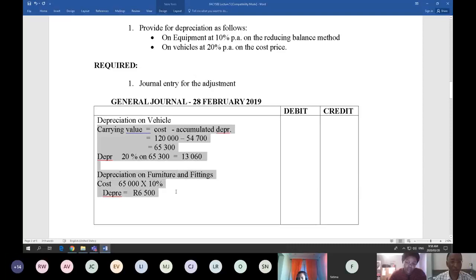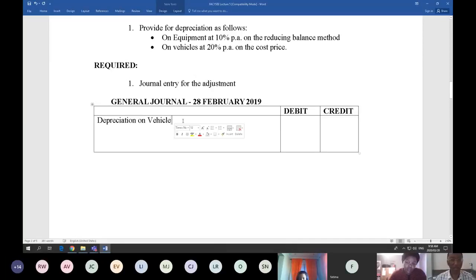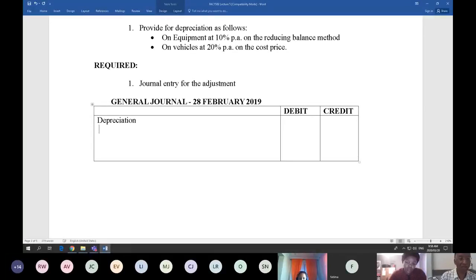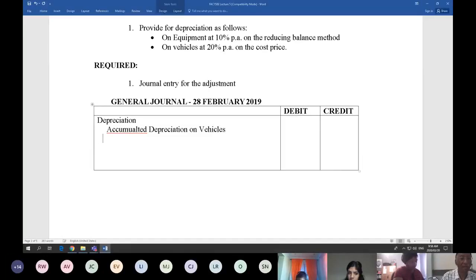So if we are now going to record that now in the books of the business, the journal entry to record the depreciation is that you debit depreciation, you credit accumulated depreciation on the vehicles, and you also credit accumulated depreciation on furniture and fittings.